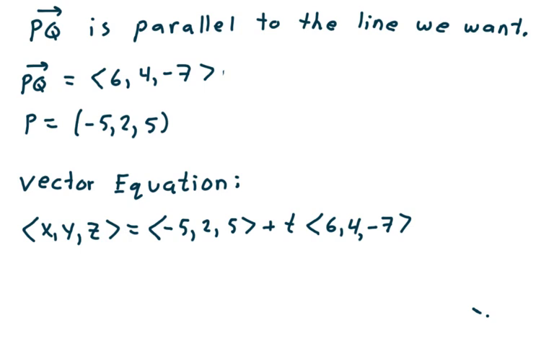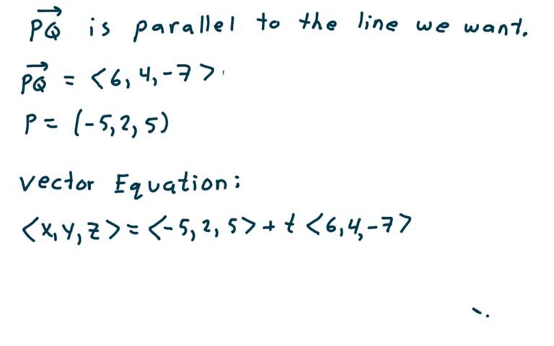Now, we're going to express the line in 3 different ways. In the first way, we're going to express the line as a vector equation. On the left side, we have the vector <x, y, z>. On the right side, we have the position vector of the point, <-5, 2, 5>, plus a scalar multiple of the vector that runs parallel to the line.